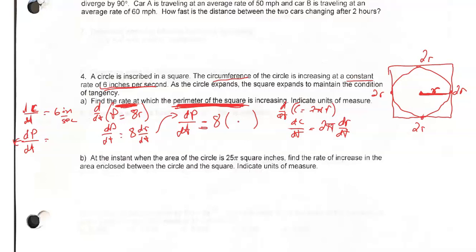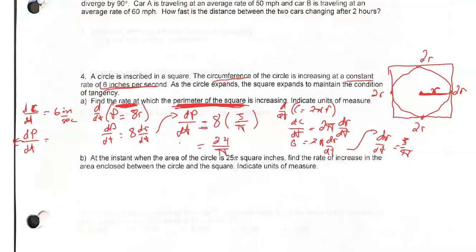So dC dt, that's why you were given that. This was 6 equals 2 pi and then dr dt. So dr over dt would be, divide this here by 2 pi, 3 over pi. Plug that in. And dP dt should be 24 divided by pi.